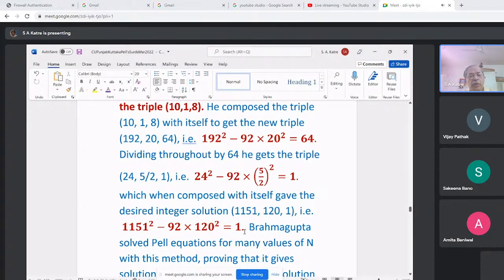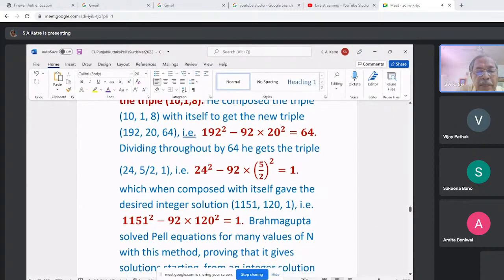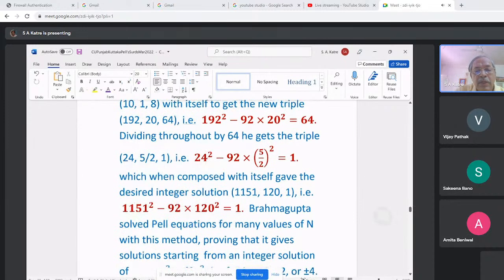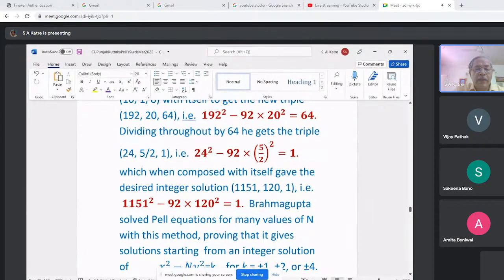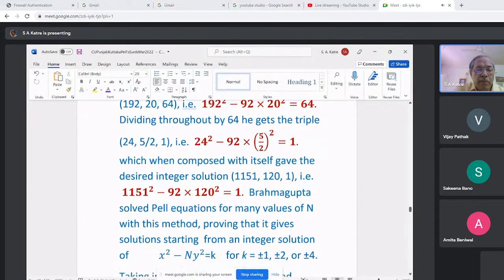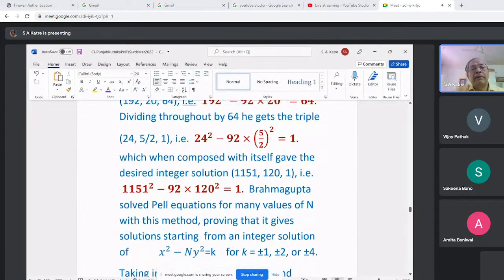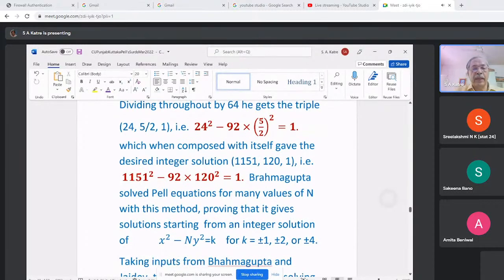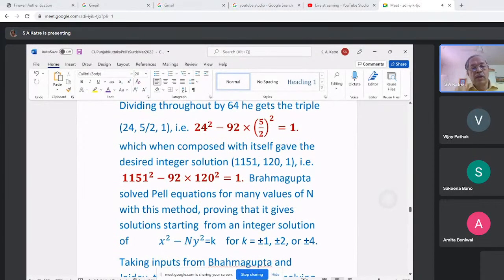So Brahmagupta solved Pell equations, different Pell equations, by taking various values of n. This is n equal to 92 here, but you can try n equal to say 60 or whatever. Various values you can try and get the answer.